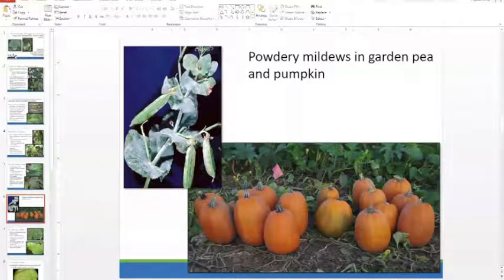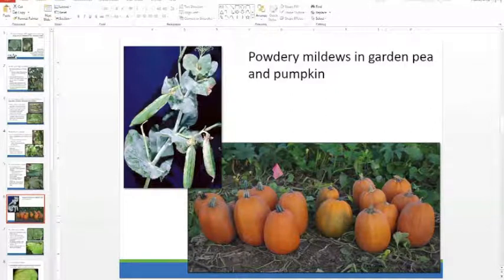And so even though we may be seeing powdery mildews occurring on multiple different crops in the same area, it is extremely likely that those are caused by different species of fungi. The reason that powdery mildews are occurring on both crops is because the environmental conditions have been conducive to powdery mildew development. That was what that picture of peas was there to remind me to emphasize to you all.